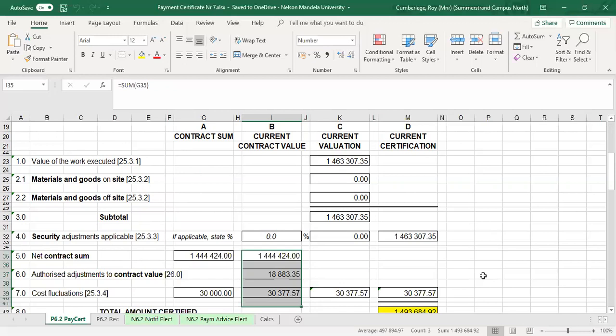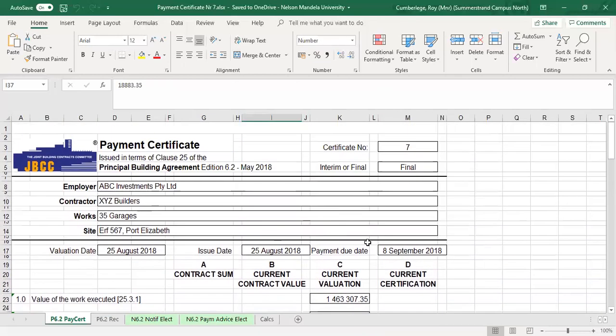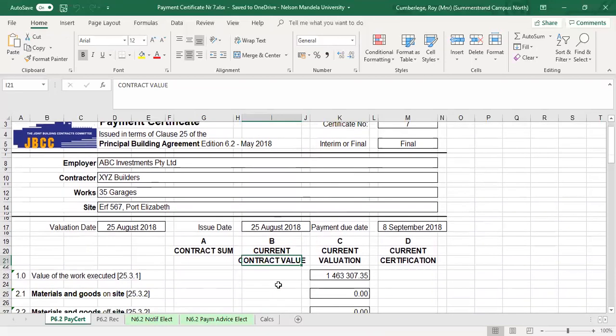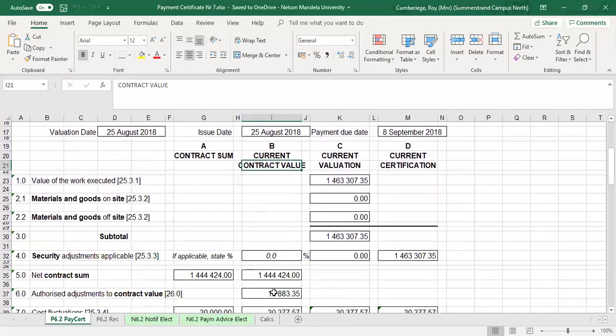Very important. Up till certificate number 6, we based our values in column B on a draft final account, which is variable. It can change. But now we're dealing with the final certificate, so column B's value should be final, and that is now based on the final account.